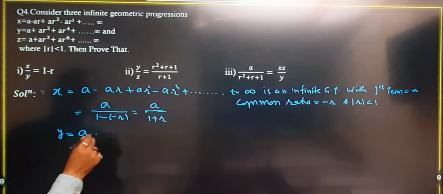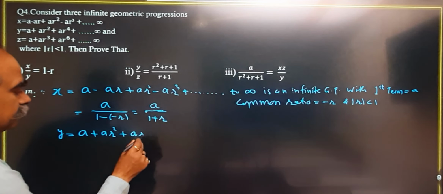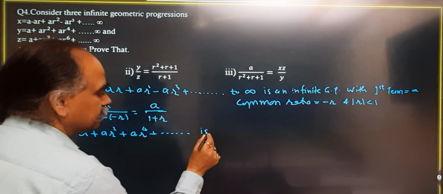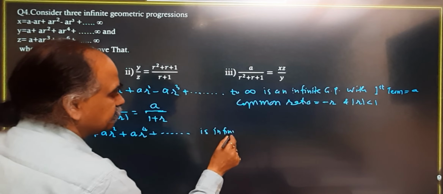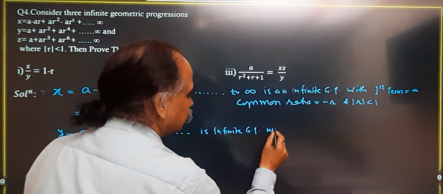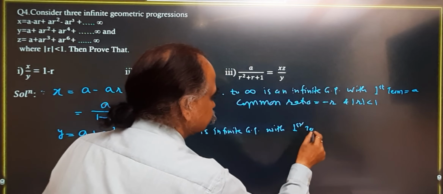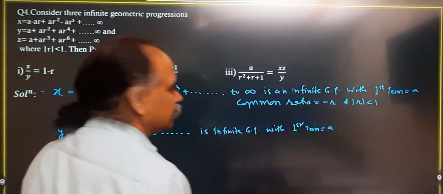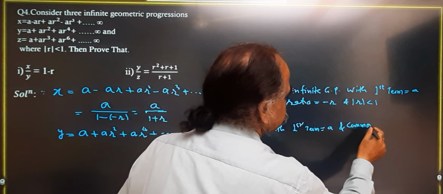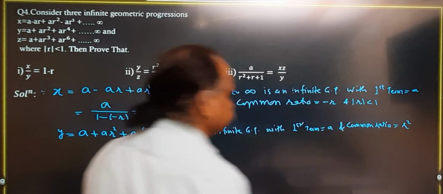Y is a plus ar square plus ar raised to 4, an infinite GP with first term equal to a and common ratio r square.